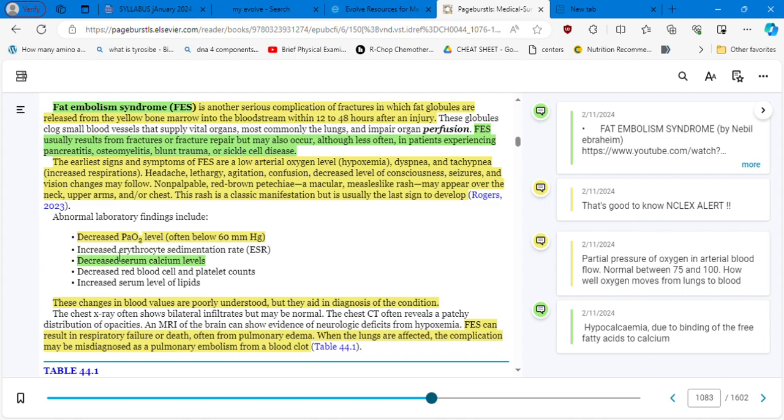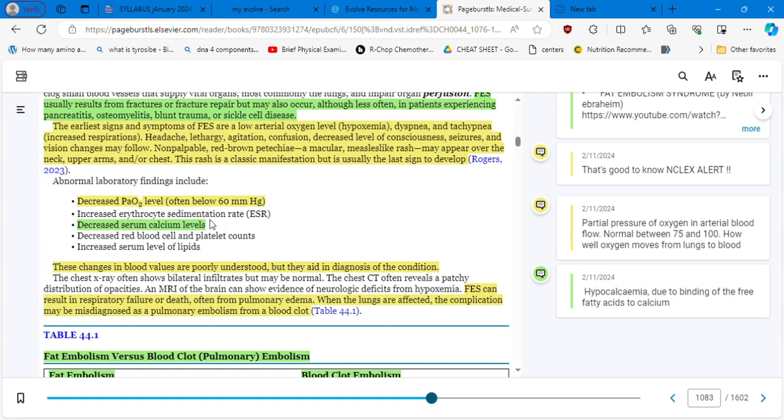Then you're going to have increased erythrocyte sedimentation rate, which is a measurement of inflammation, decreased serum calcium levels. And the reason why the serum calcium levels are decreased, remember that when we have a fracture, calcium is going to be released from the bones to the serum.